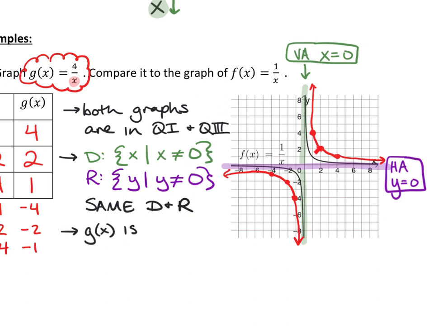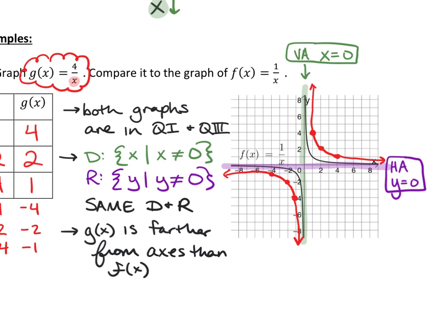Is the red graph farther or closer to the axes than the black graph? Farther. It's farther away, right? So it's farther from the axis than the original function f of x. Those are the three conclusions we can draw here.